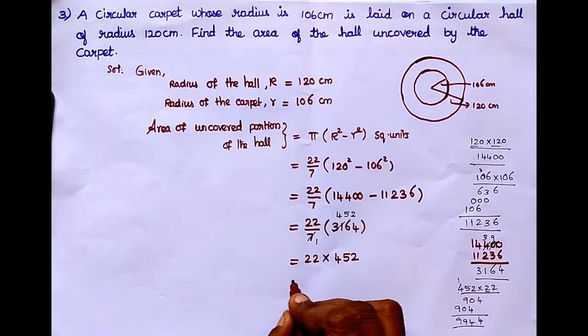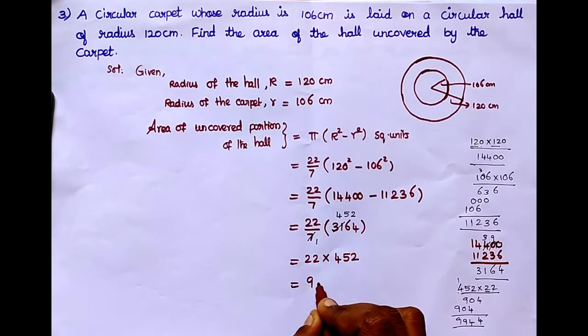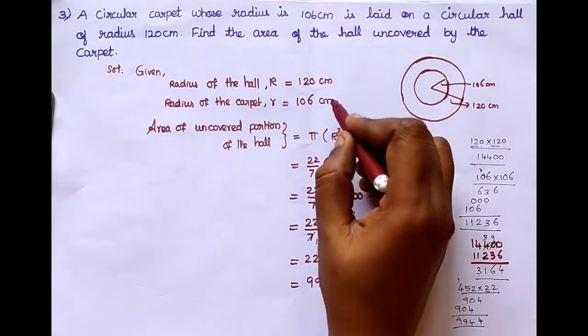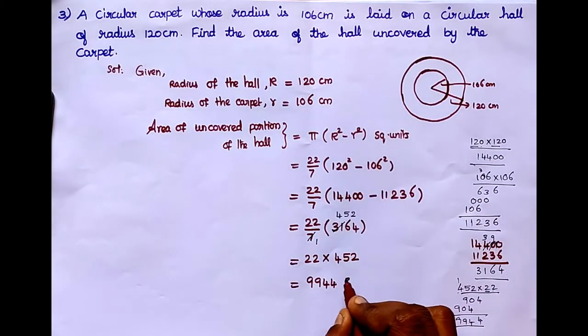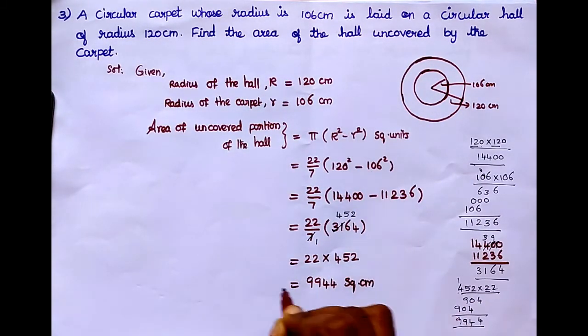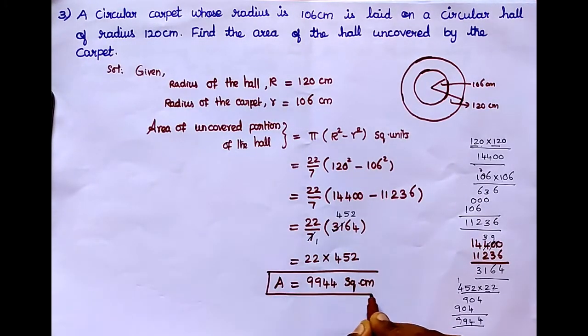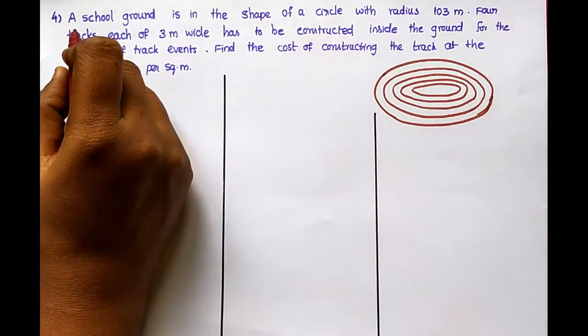So answer is 9,944. It is in centimeter. So we have to put square centimeter. That is the area of the uncovered region. That is the answer. Fourth sum.